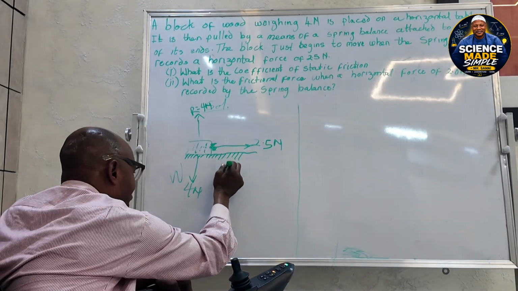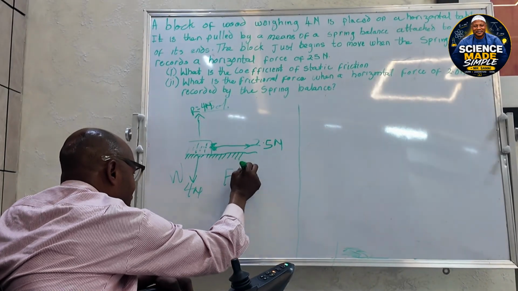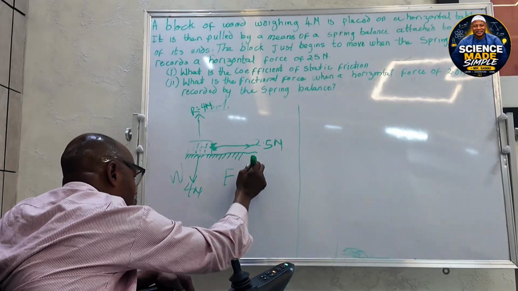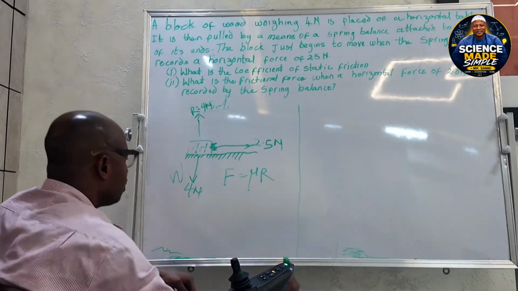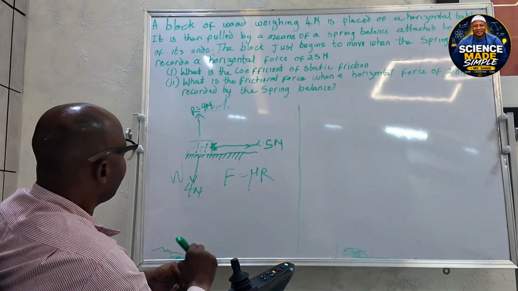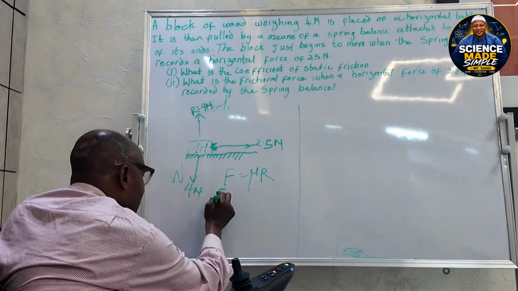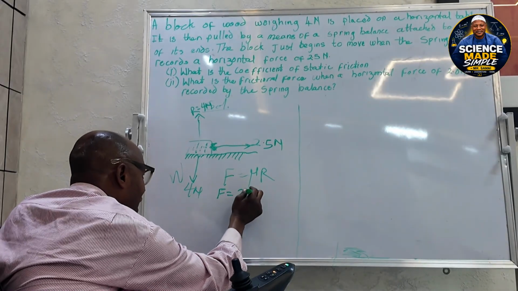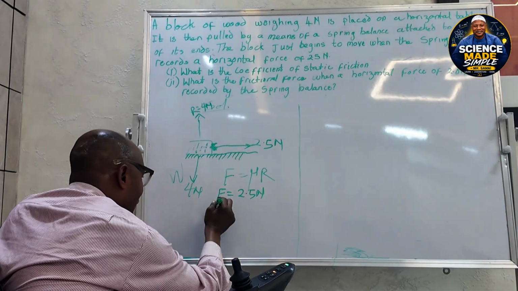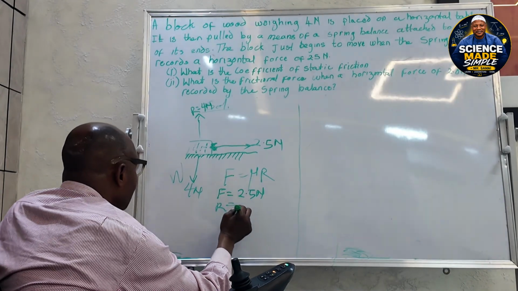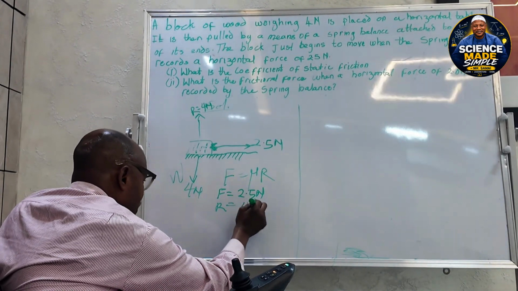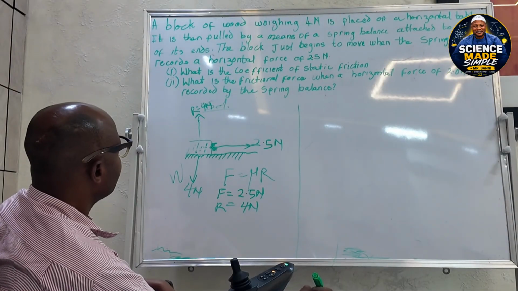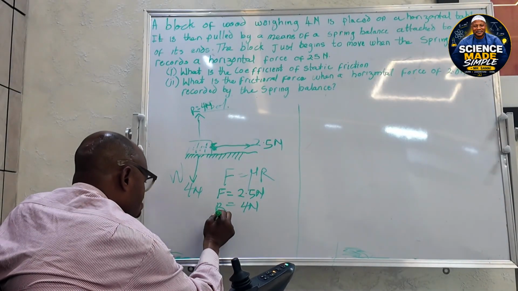Don't forget that we have our equation F is equal to mu R. Don't forget that equation. From here we have our F to be 2.5 Newton and our reaction is 4 Newton. You are asked to calculate the coefficient of friction.